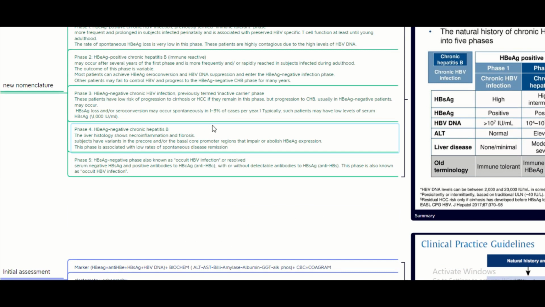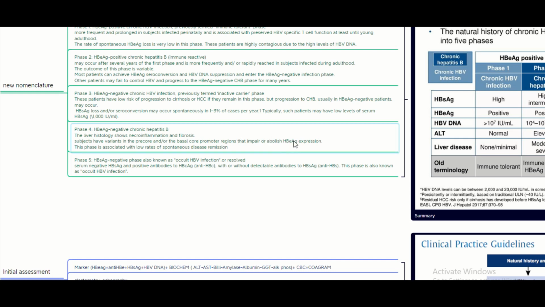Patients who are in the phase of HBe negative chronic hepatitis are patients who are having the virus with a mutation or a wild type. And these patients have the worst prognosis.